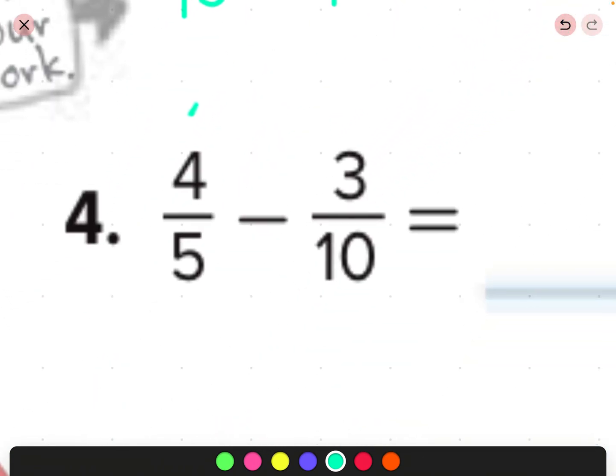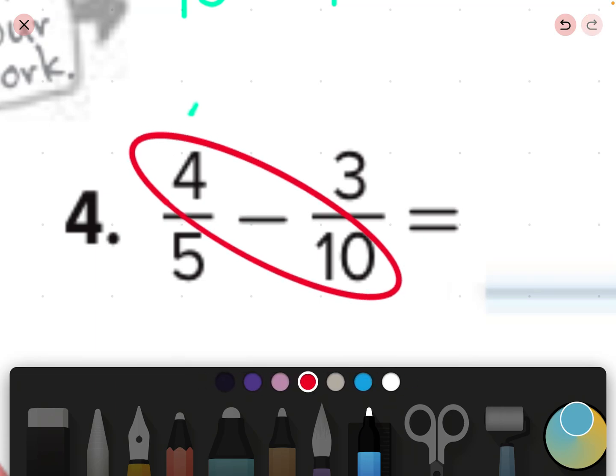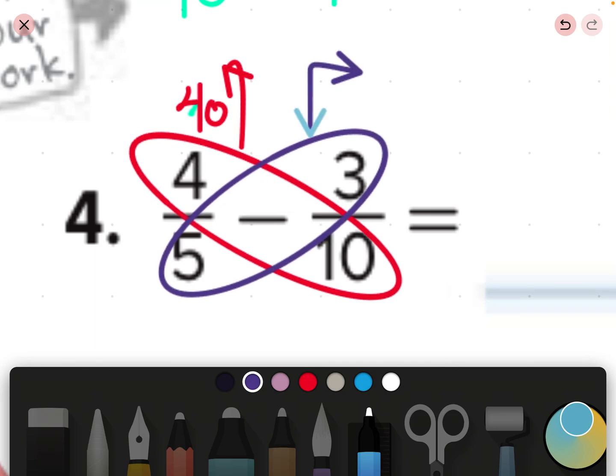Let's look at this one. Number 4 here, we have, change my brush, 4/5 minus 3/10. So here we go. Cross multiply the wings. 4 times 10 is 40. And 3 times 5 is 15.